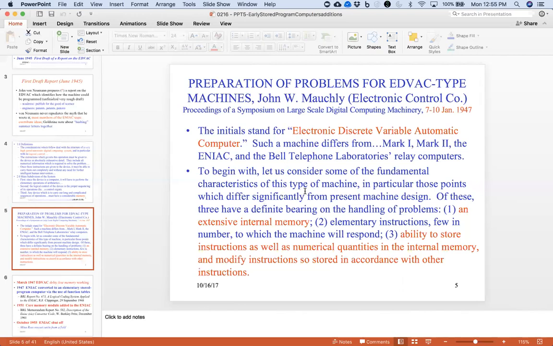But the one thing is that there are three things by 1947 that Mauchly is saying in this report that apply to all machines. The three things that have impact on problem solving: the extensive internal memory, which we talked about, and elementary instructions.